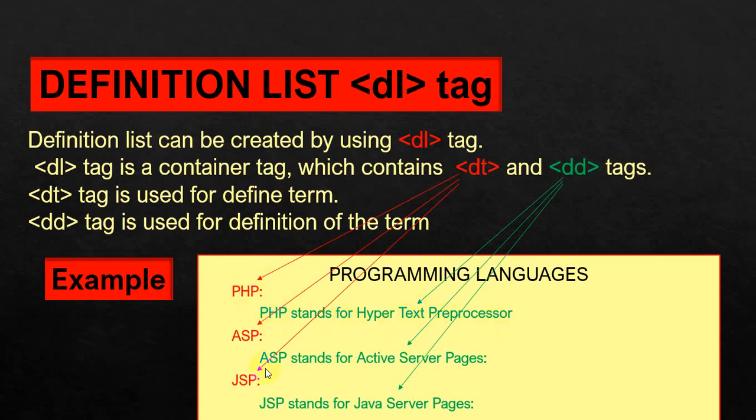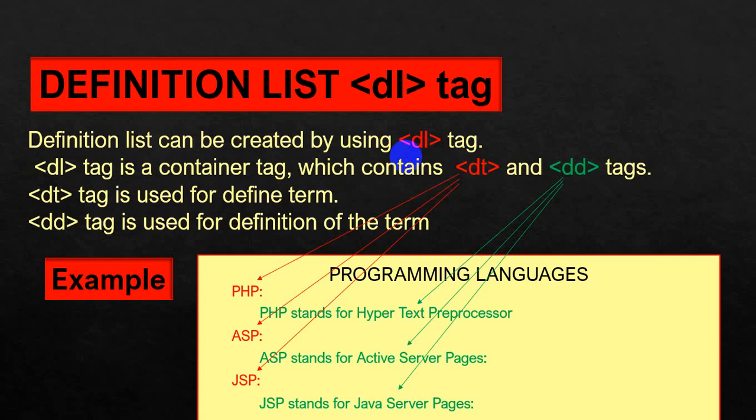This type of output comes only because of the DL tag, and inside the DL tag we are using the DT and DD tags. These are the sub tags of the DL tag. Like in our other lists, if you are going to create an ordered or unordered list, the OL tag is the main container tag, and inside that you have to mention the LI tag, the list item. The LI tag is a list item or sub tag of UL or OL.